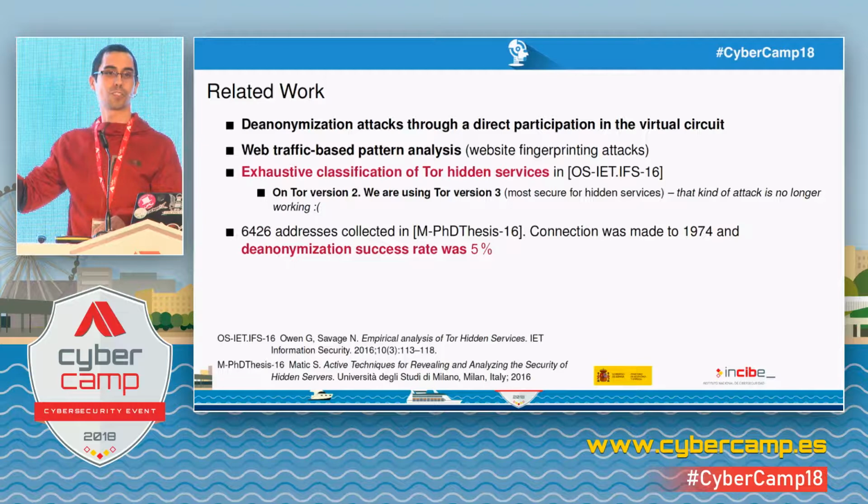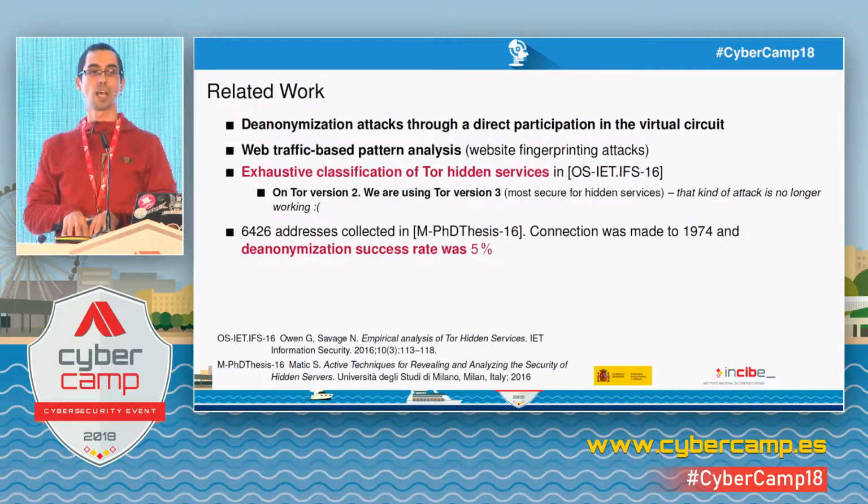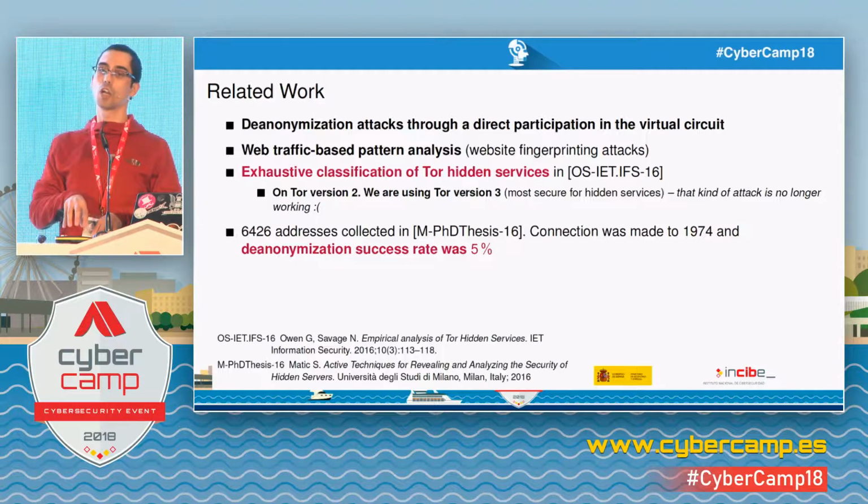Hidden services do not keep an unknown address as they used to do, but they keep a public key of the hidden address. Therefore, there is no way to know which is the address behind that public key. In version number 2, everything was much easier. However, we came in 3 or 4 years late.